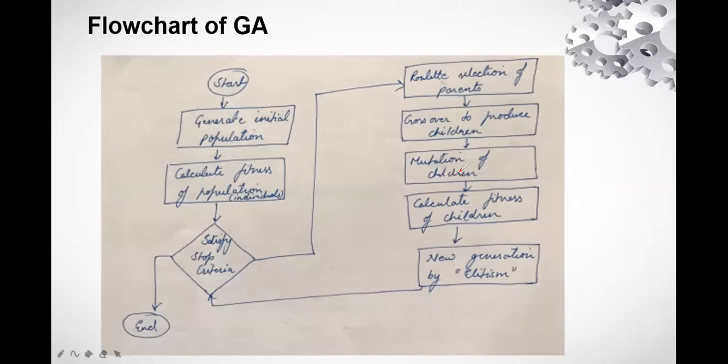Third, we have mutation of children. Fourth, we calculate the fitness of children. And fifth, the new generation or elitism is done. Then we place it and check the stop criteria and give the end. If we do not satisfy the criteria, we move again to the next iteration, right? So this is the flowchart of the genetic algorithm.